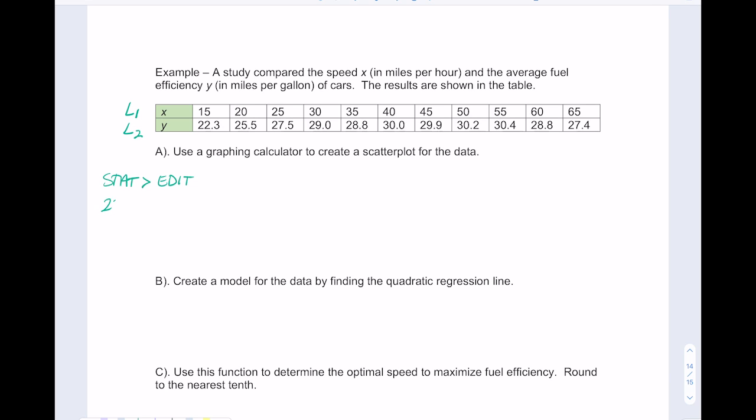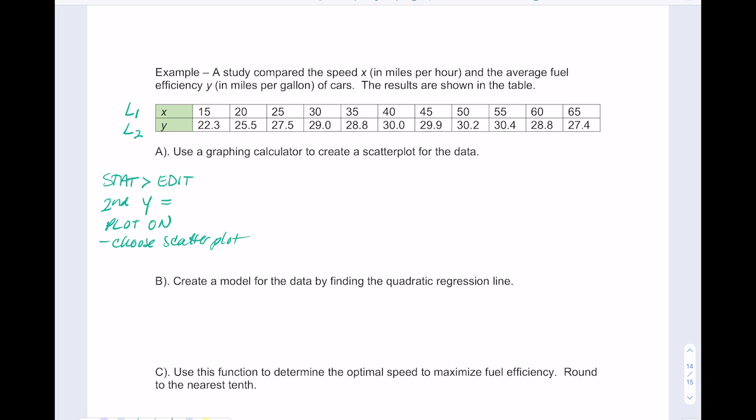To look at the graph, you're going to hit second y equals, and turn your plot on. Then you're going to choose the scatter plot. It's the first graph that's there.